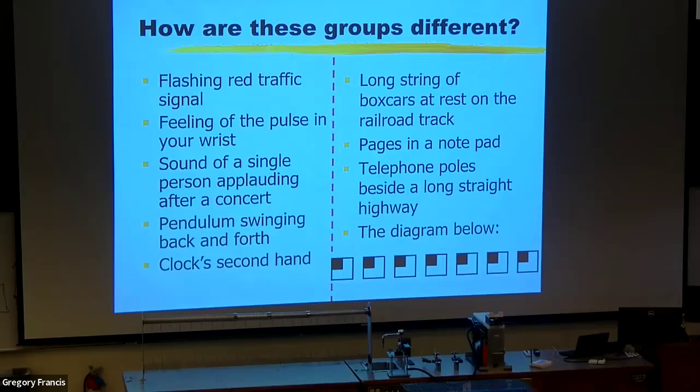So something's moving on the left and nothing on the right. Okay, good. What else? Yes, sir. On the left, they're all separated by the same time interval. Okay. On the left, we're finding something that is repetitious in time, always the same interval of time. What about on the right?